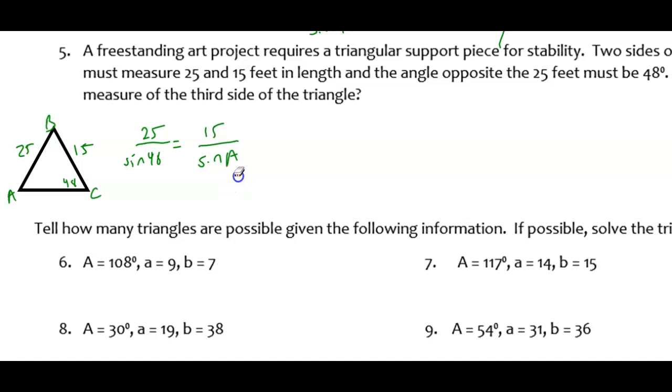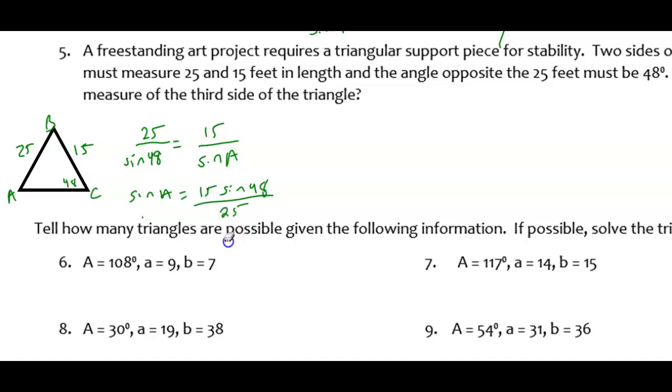So we're going to end up using sine inverse right here. But anyway, we isolate sine of A. We have sine of A equals, you cross multiply, so 15 sine of 48, and then we'll end up dividing by 25.